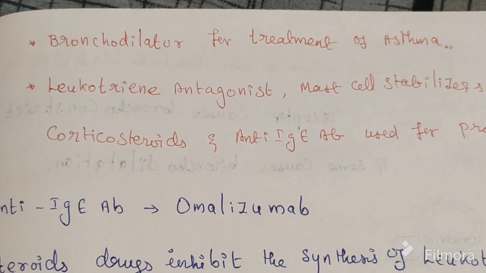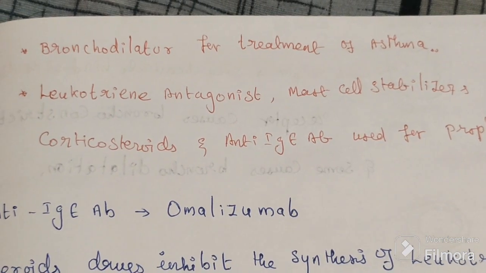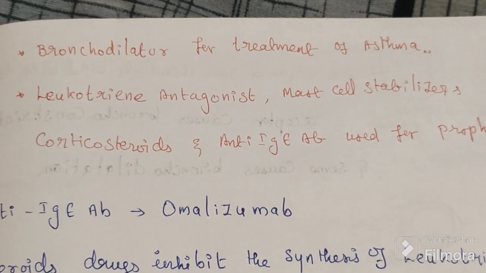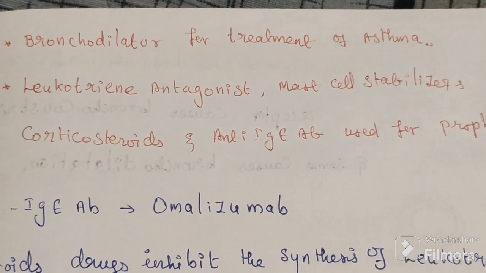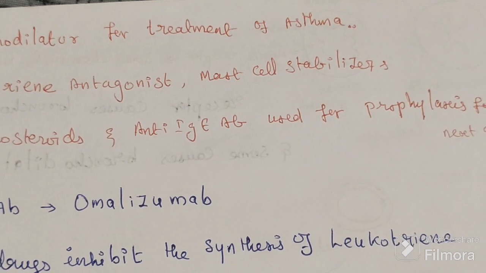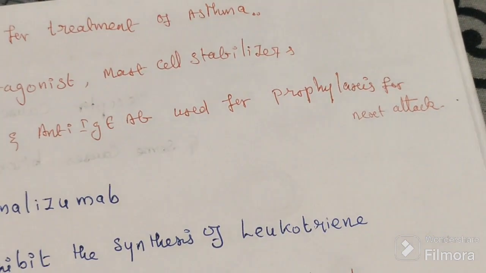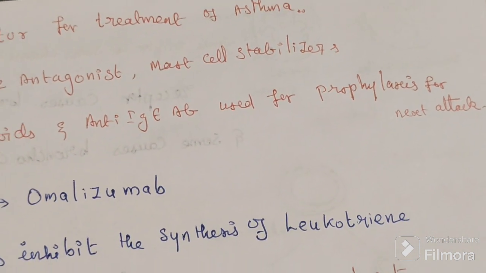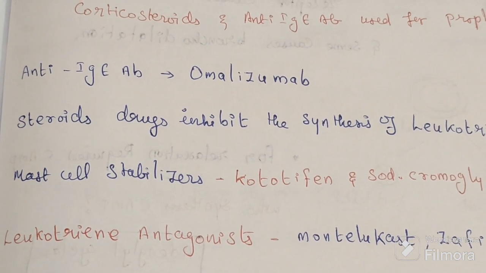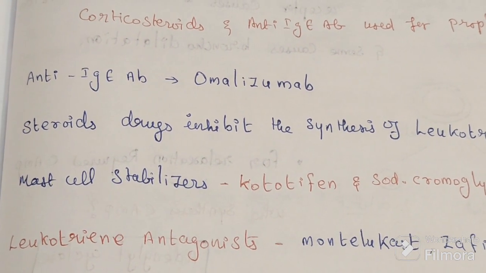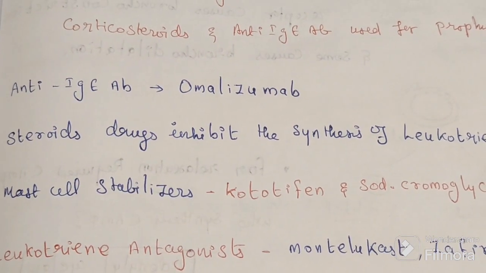So bronchodilators are for treatment of asthma. All the remaining drugs, leucotriene antagonists, mast cell stabilizers, corticosteroids and the antibody against IgE antibody, are the drugs used for prophylaxis of the next attack. The antibody against antibody is omalizumab.